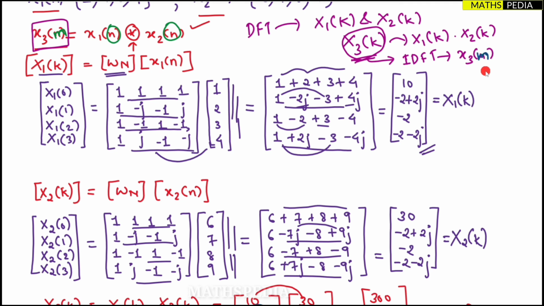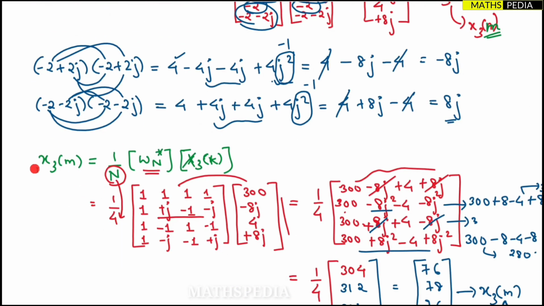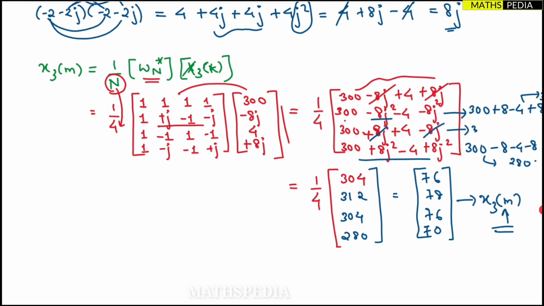We have changed the variable in order to avoid the confusion. So x3 of m, how will you find out? It is nothing but the IDFT. So the IDFT formula we have to apply, 1 by N, WN conjugate you have to take into x3 of k, whatever we got. So just by multiplying, you will get the answer of x3 of m, which is nothing but the circular convolution of both the sequences.